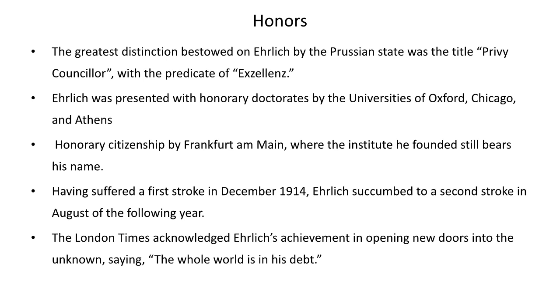The greatest distinction bestowed on Ehrlich by the Prussian state was the title Privy Councillor with the predicate of Excellence. Ehrlich was presented with honorary doctorates by the universities of Oxford, Chicago, and Athens. He was given an honorary citizenship by Frankfurt, where the institute he founded still bears his name.